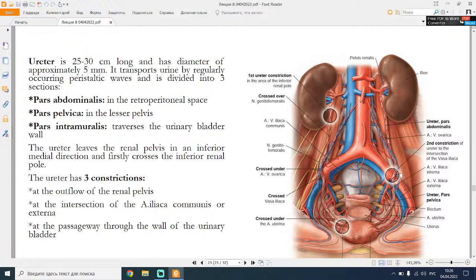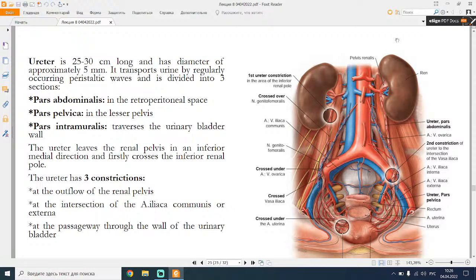Ureter has three constrictions. At the outflow of the renal pelvis, next at the crossing of the arteria iliaca communis or arteria iliaca externa, and the third constriction is at the passageway through the wall of the urinary bladder.